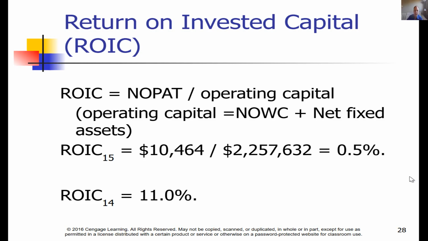We calculated the operating capital earlier at $2,258,632. We calculated NOPAT, net operating profit after tax, at $10,464. So this is a very poor ROIC of 0.5%, much lower than in 2014 when it was 11%.